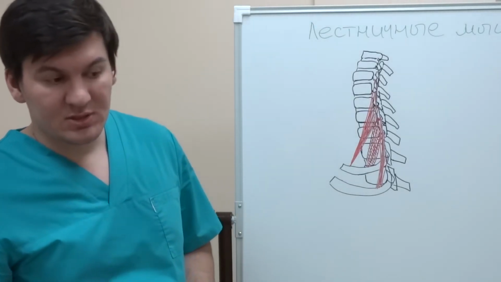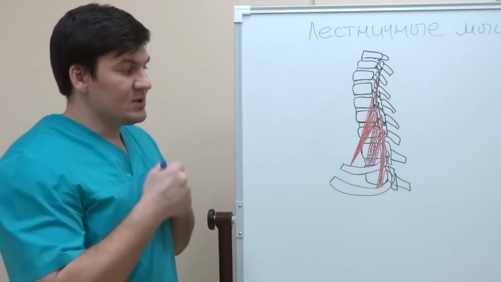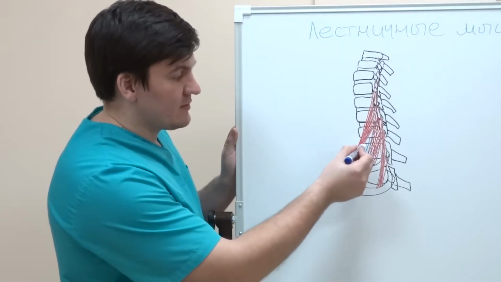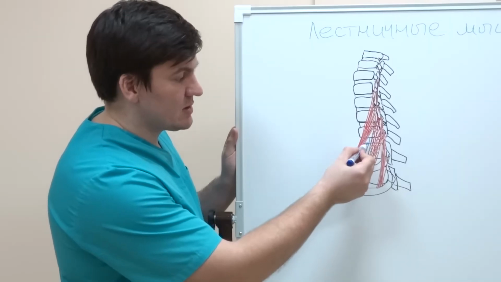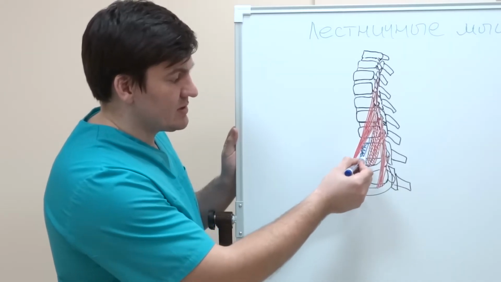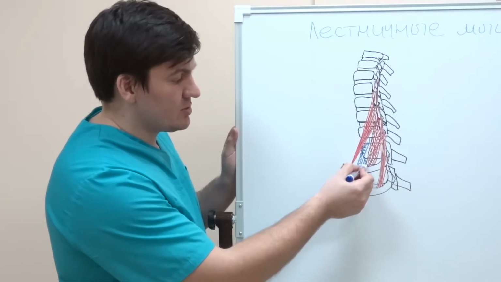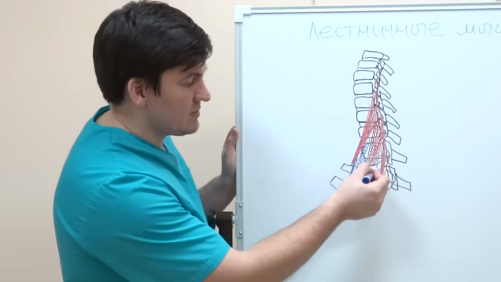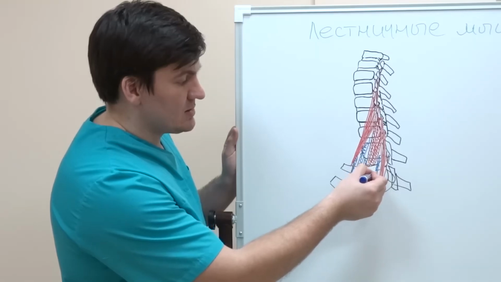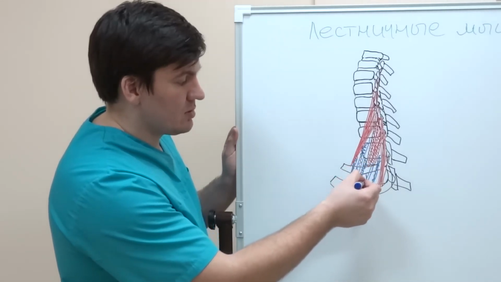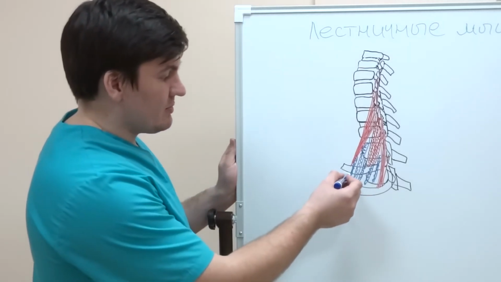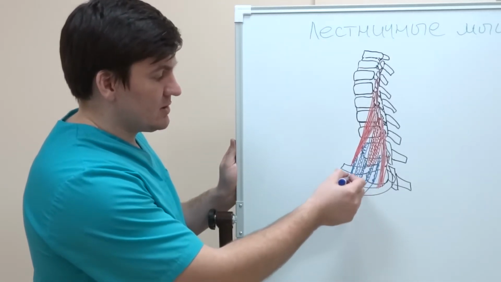Another peculiarity of these muscles is that the nerves that are formed from the roots of the brachial plexus come out between them. That is, practically the brachial plexus comes out here. And it comes out between the anterior and middle, and between the middle and posterior scalene muscles. And then all these nerves go to the arm.